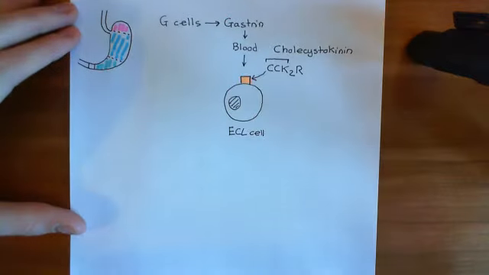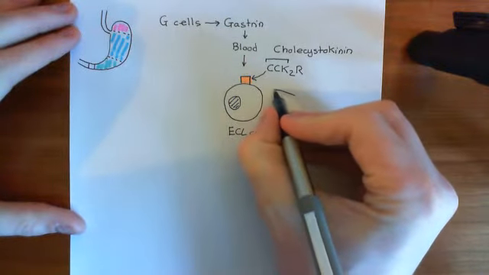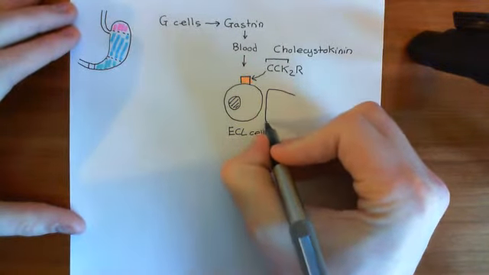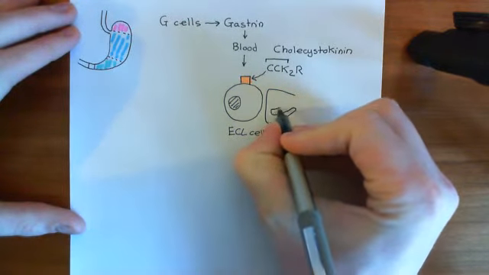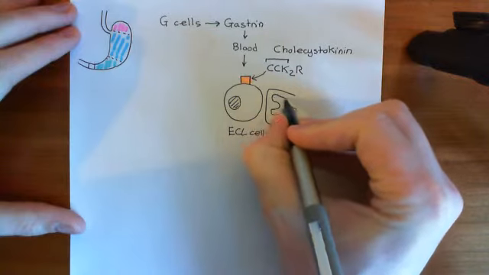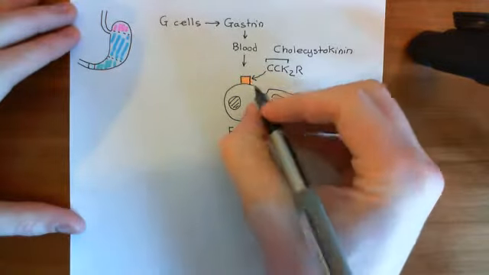Okay, so remember the enterochromaffin-like cells have this basal level of histamine release, which causes a basal secretion of hydrochloric acid by the parietal cells, but they can also increase their secretion of histamine, and if they increase their secretion of histamine, then of course the parietal cells will increase their secretion of hydrochloric acid. Now, what causes the ECL cells to increase their secretion of histamine?